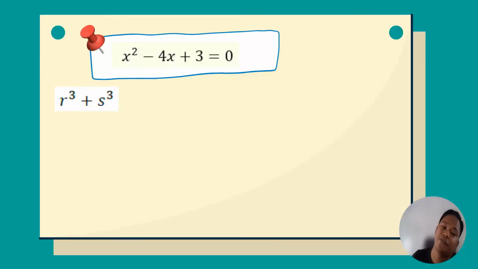Next, we are going to find the value of the expression r cubed plus s cubed. Let us first recall how we do factoring of the sum of cubes. r cubed and s cubed are both cubes since the exponent is 3.